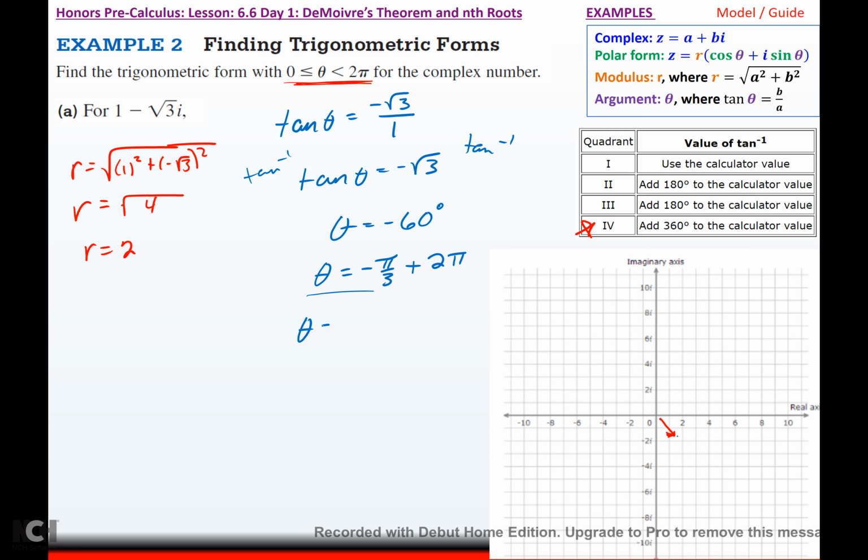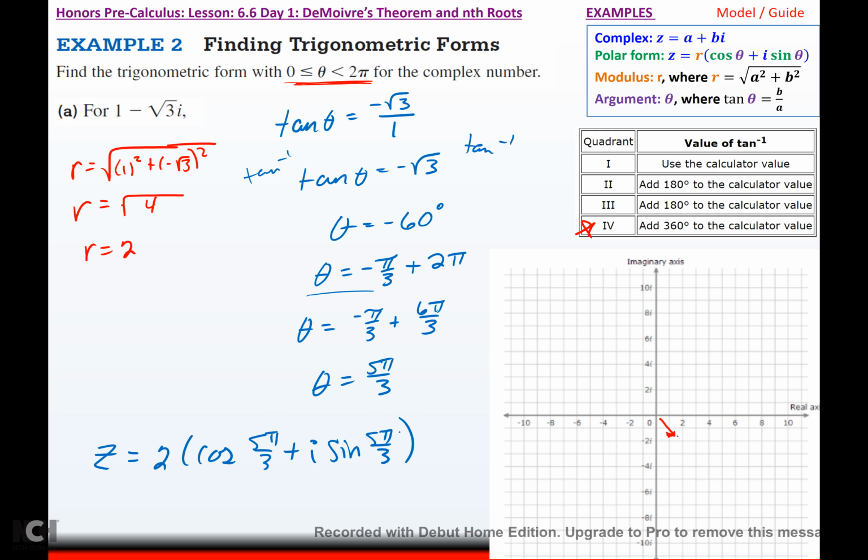So that's negative pi over 3 plus 6 pi over 3, which gives me theta equals 5 pi over 3. So now that I know that, I can say my polar form is 2 times cosine 5 pi over 3 plus i sine of 5 pi over 3. There you go.